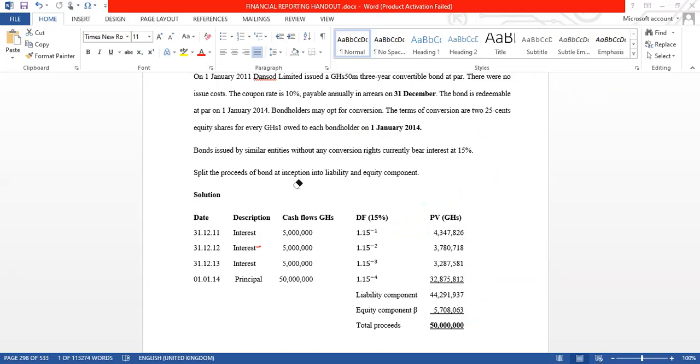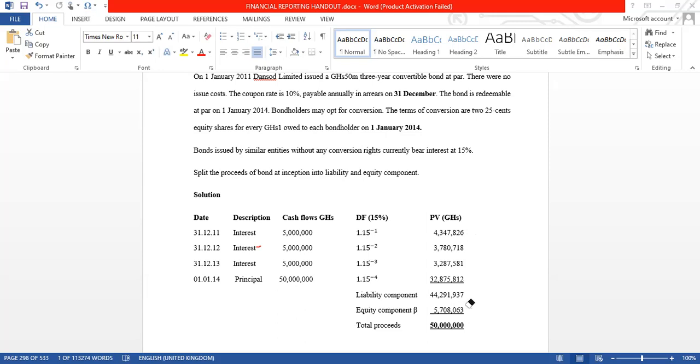Once it is in the financial market as a traded instrument, please use fair value through P&L by PVing the interest and the principal. Then if the PV that you get is lower, it's just like doing this thing that you've seen, but those ones are not convertibles.